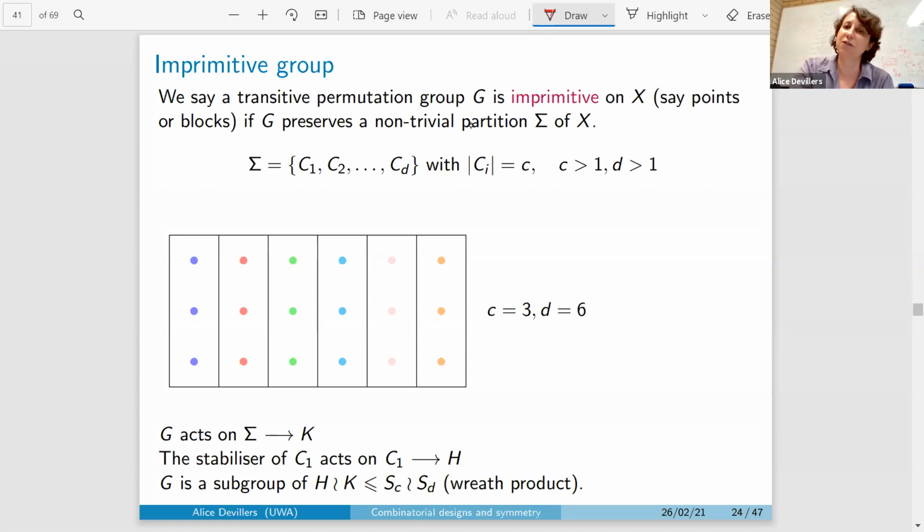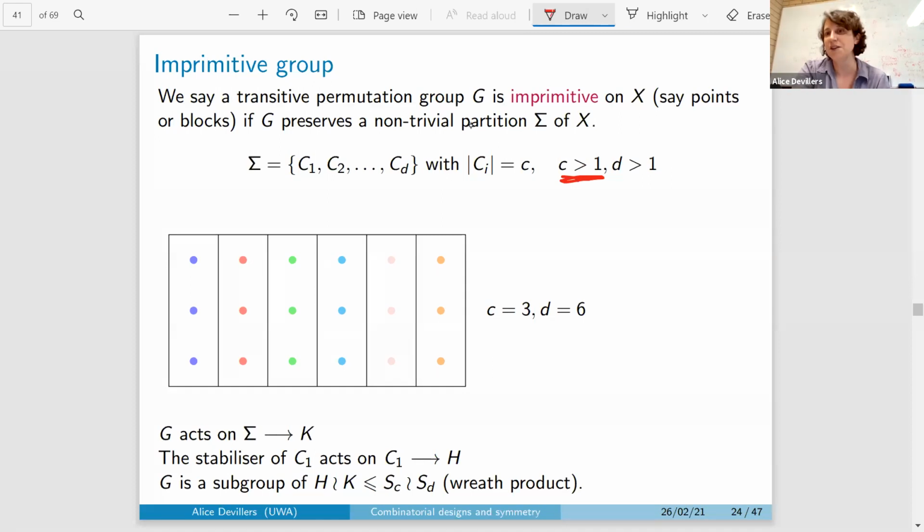What I mean by non-trivial is I want the parts in my partition to not be of size 1, not just singletons, and I want more than one part in my partition. If c was equal to 1 or d was equal to 1, I would call this a trivial partition.